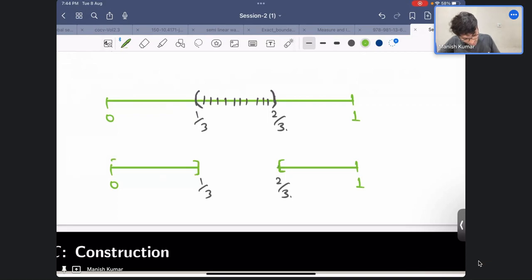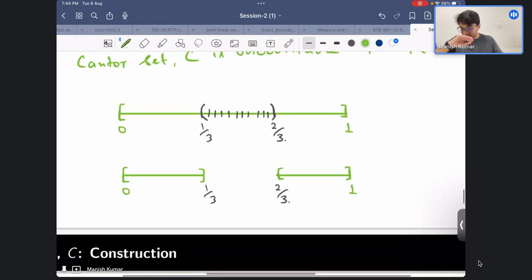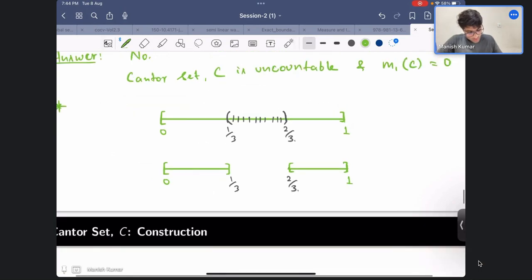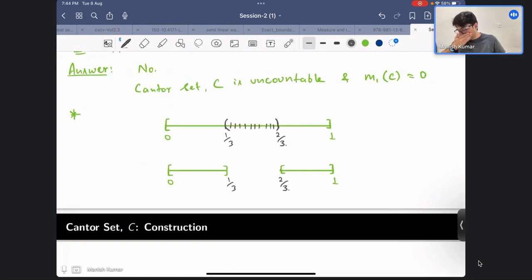These are closed intervals. Again you repeat the same process. Now again you divide each remaining part into 3 equal parts.